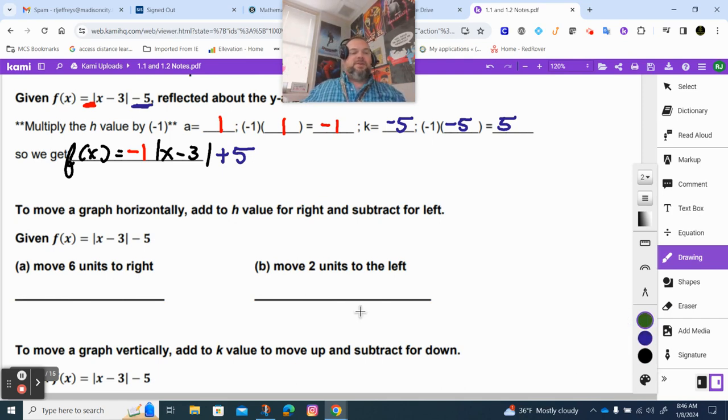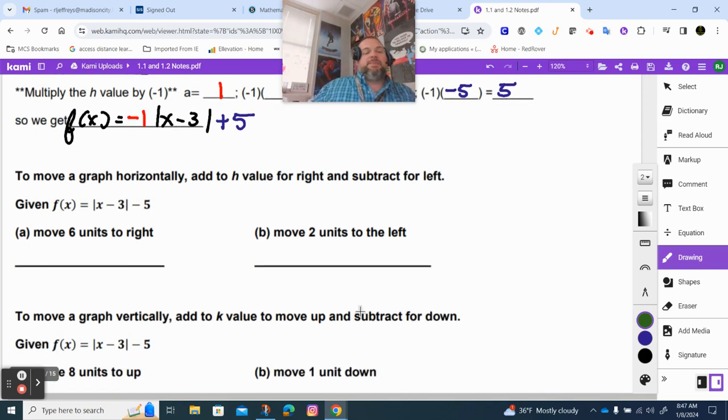All right, it says to move a graph horizontally, you add to the h value for right, and subtract for left. So this says I'm going to move this 6 units to the right. So I'm going to add 6 to my h value. What is my h value right here? 3.